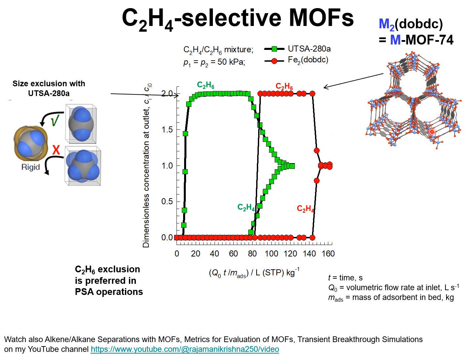So we have two different breakthrough characteristics, one in which ethane is almost completely excluded from the pores, and another class of MOFs in which both gas components have finite uptakes within the pores of the metal organic framework.